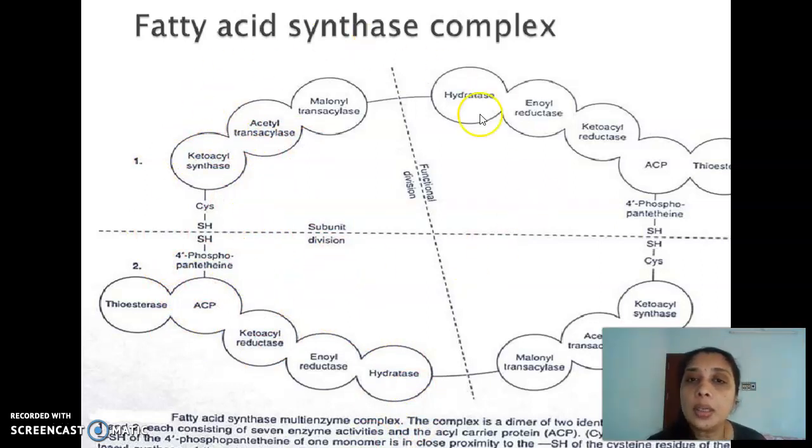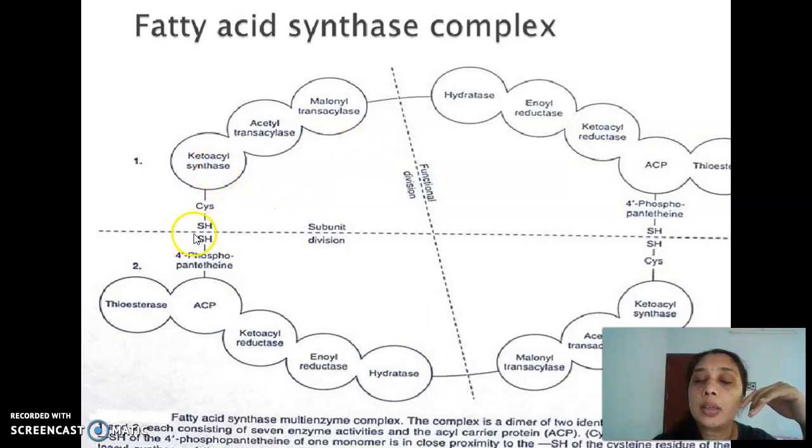Now this is the structure of the fatty acid synthase complex. You have to study the structure thoroughly. The fatty acid synthase complex is a multi-enzyme complex. It has 2 subunits, or it is made up of 2 monomers which are arranged in a side-by-side manner but in a head-to-tail fashion. Each monomer is made up of 7 enzyme units starting from E1 to E7.